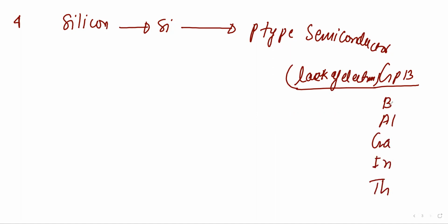The general electronic configuration is ns2 np1.